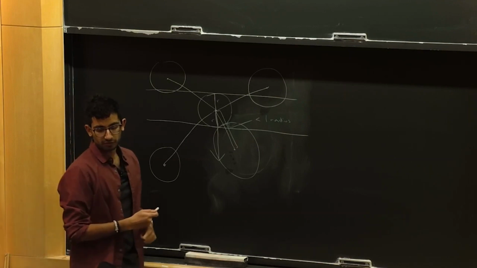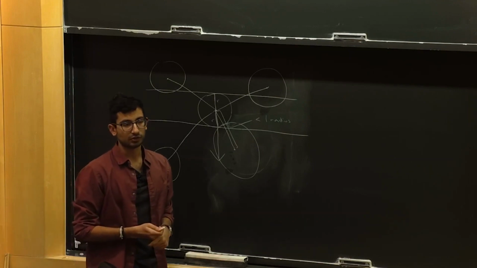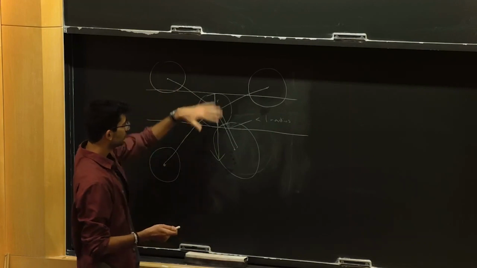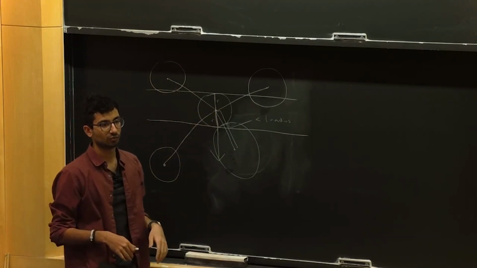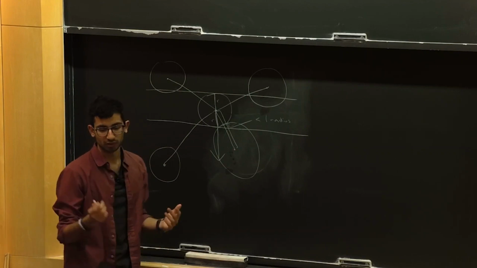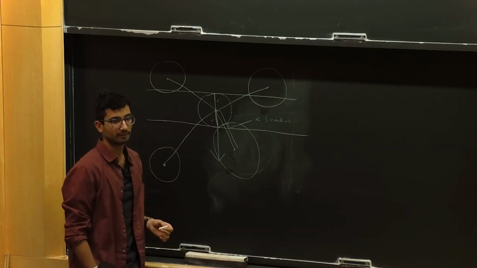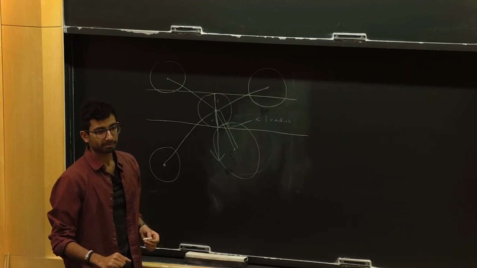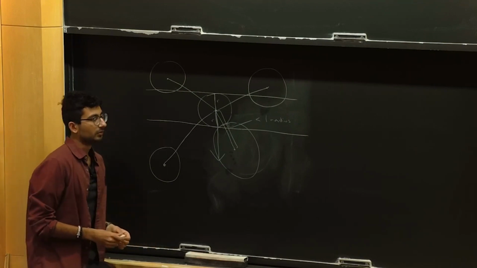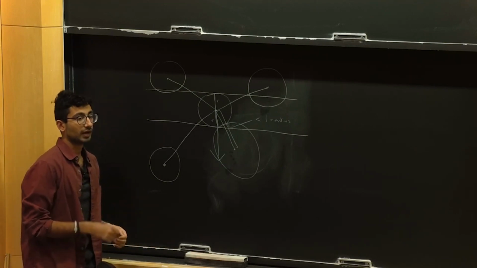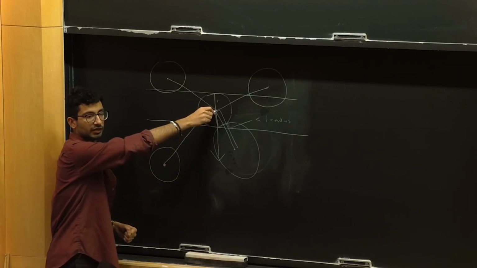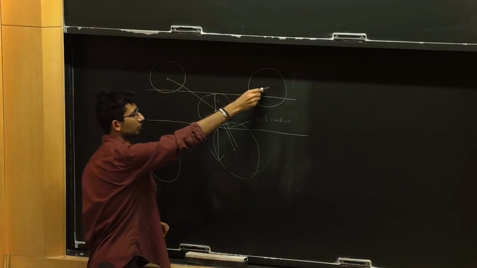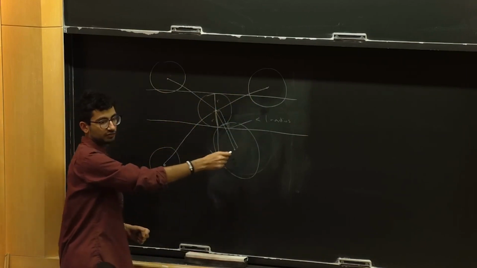Okay, maybe for somebody that has a little bit more computer science experience, what's the computational complexity of doing this? If I have n balls, what is the computational complexity of me doing this collision detection? Well, if I need to check for every single ball if there's a collision, then in order to check if this ball is colliding with another, I need to check 1, 2, 3, 4, 5 other balls, right?